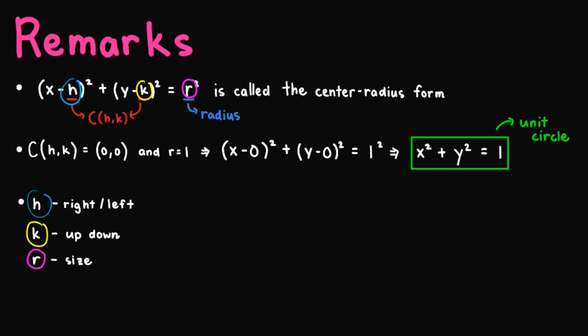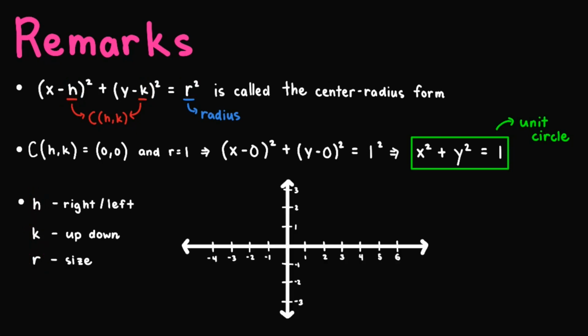So to understand this better, let's have a graph and let's plot the unit circle out here. So let's first change the radius out here. So if we change the radius and increase it, so we'll have this. So this one, take note that 4 here is equal to 2 squared. So the radius here is 2.